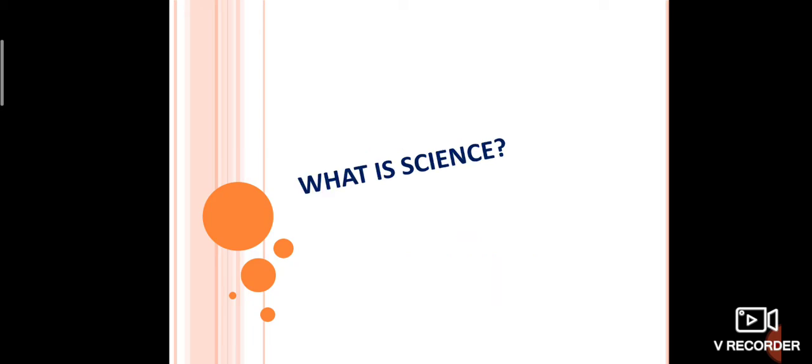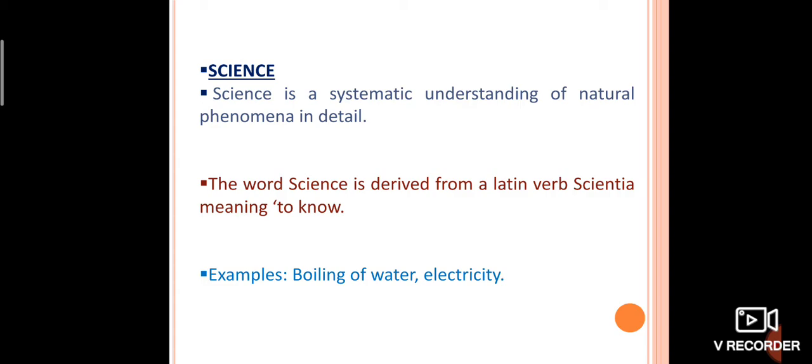What is science? Science is a systematic understanding of natural phenomena in detail. The word science is derived from a Latin word scientia, meaning to know. For example, science explains why the sky appears blue in color.